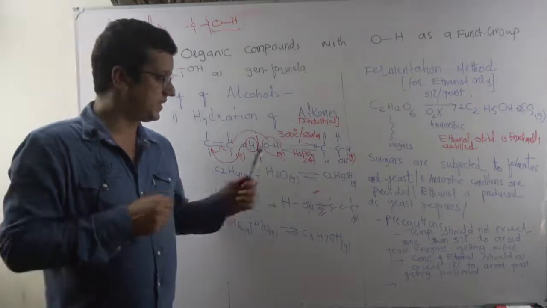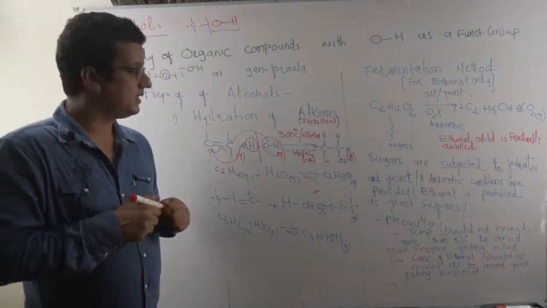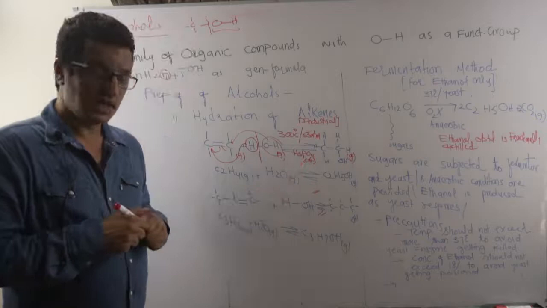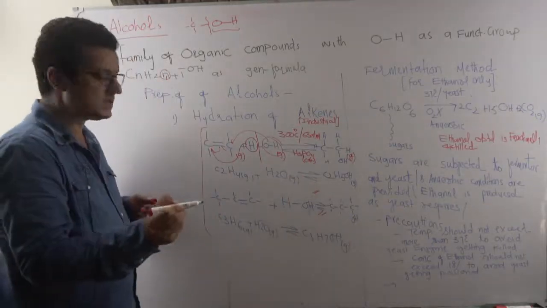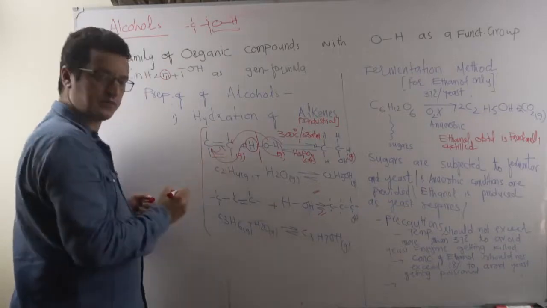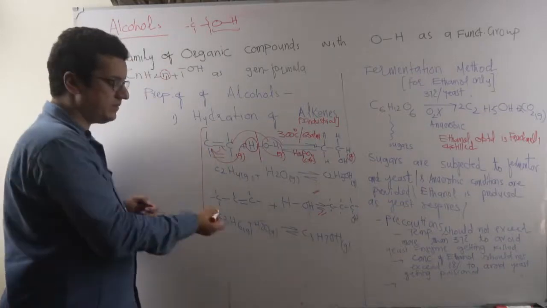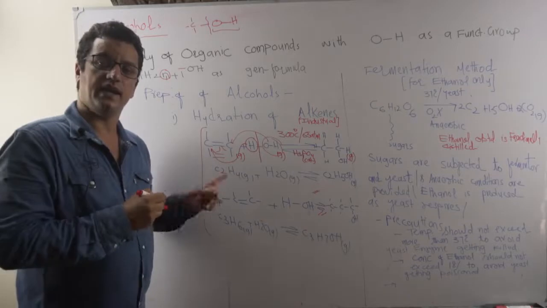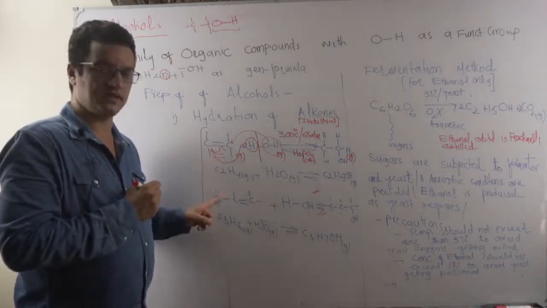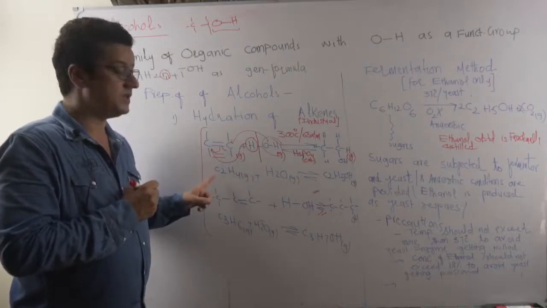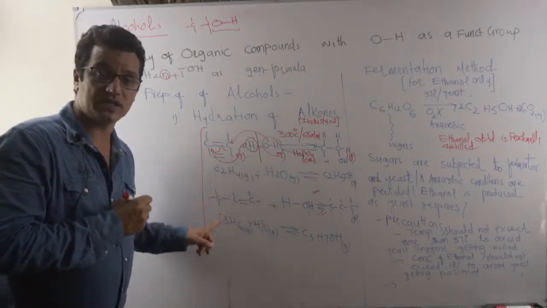Very high pressure is needed, which makes the process expensive, and also the raw materials used are not renewable because they are derivatives of crude oil. These alkenes are obtained by cracking of hydrocarbon fractions, naphtha fractions or larger hydrocarbon chains. So that is not renewable stuff.